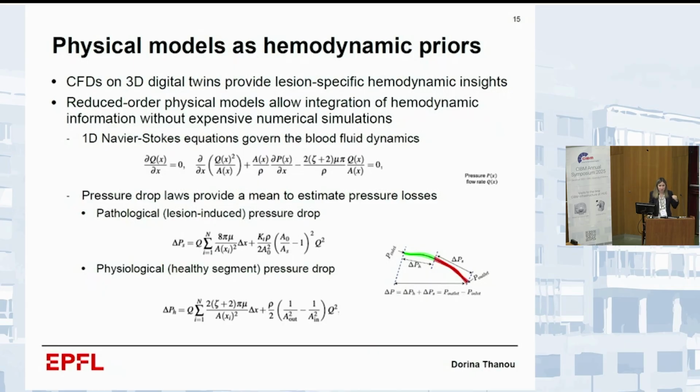And we have also laws. I will not go into the details. You can ignore the maths there. You can just trust me. They are taken from the literature. So there are equations modeling the flow dynamics and also the pressure drop in the arteries that can give us an approximation of how we expect this drop to be.